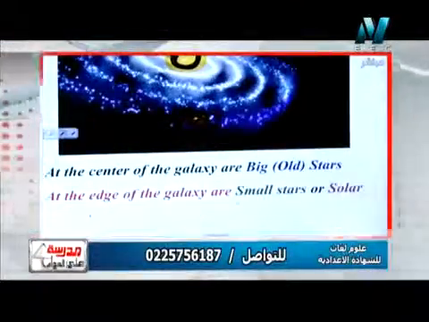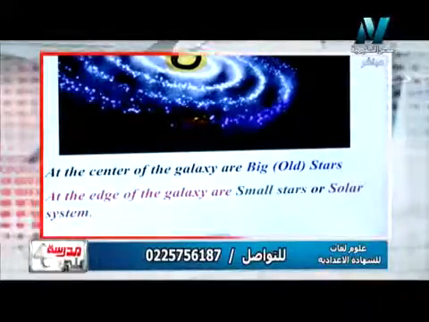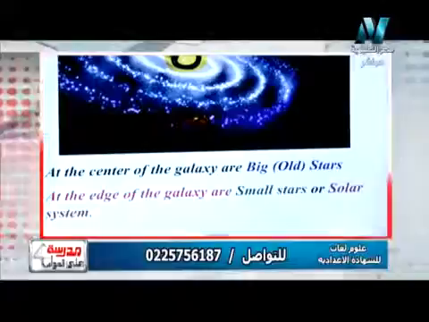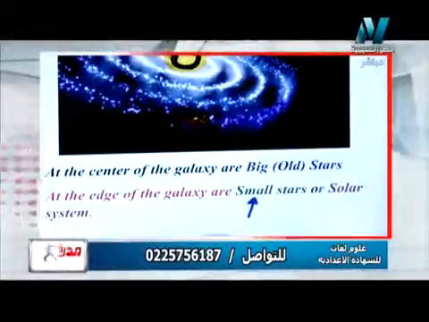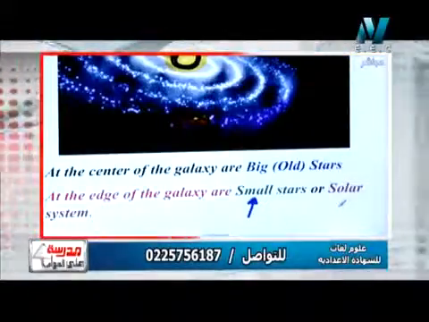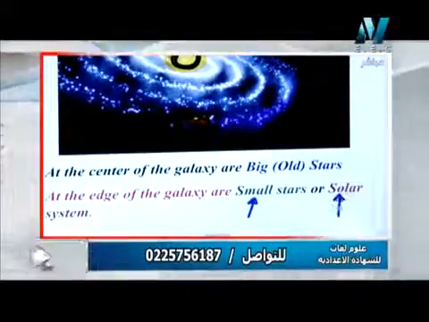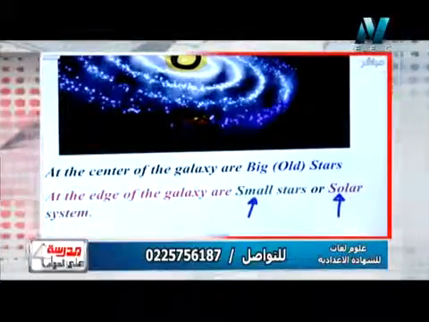When do I say solar system and when small stars? If the question says "is", I say solar system; if it says "are", I say small stars, according to the type of question.